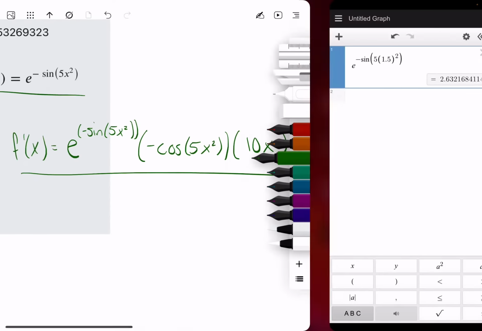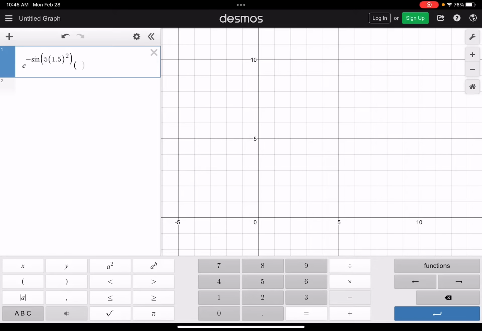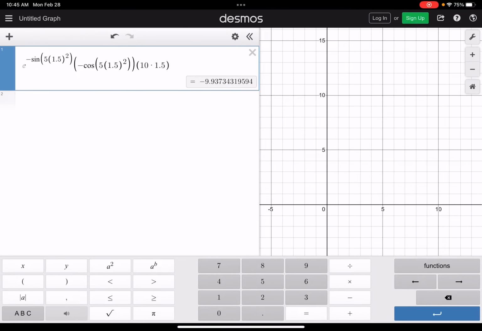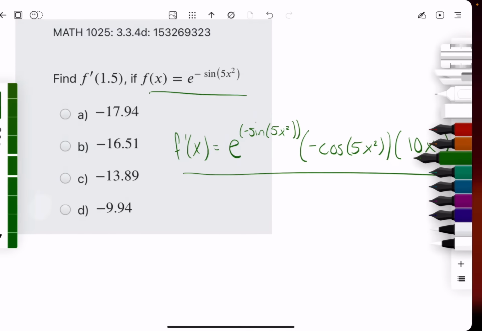Then we have negative cosine of 5x squared, so 5 times 1.5 squared. Close that off. And then the derivative of 5x squared was 10x, so 10 times 1.5. And our final answer is negative 9.9.